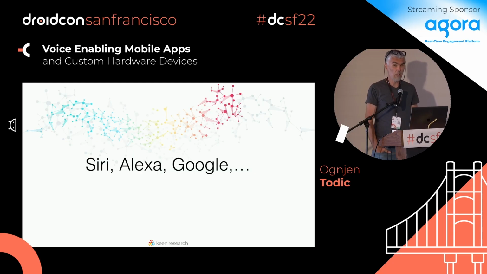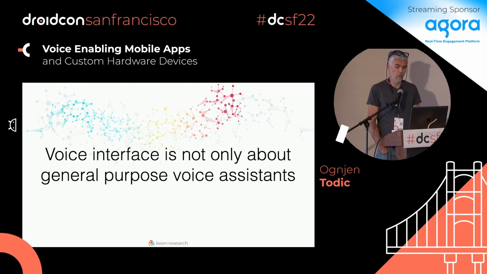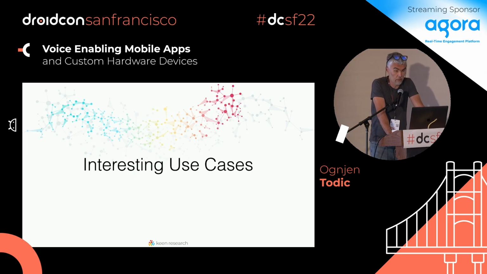One of the main takeaways I'd like you to take home from this presentation is that voice interface is not only about general purpose voice assistants. A lot of people think about Siri or Alexa when somebody mentions voice, but there's a lot more to it.